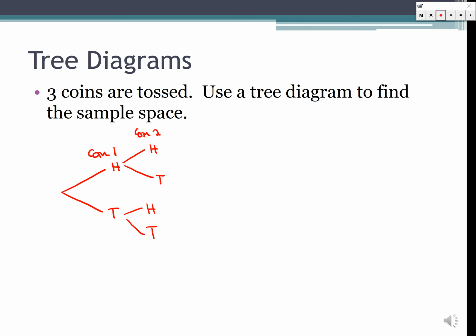It could be heads or tails. If coin 1 lands heads, coin 2 still has the possibility of being heads or tails. If coin 1 lands tails, coin 2 still has the possibility of being heads or tails. Then we need our third coin, and that third coin could go heads or tails.